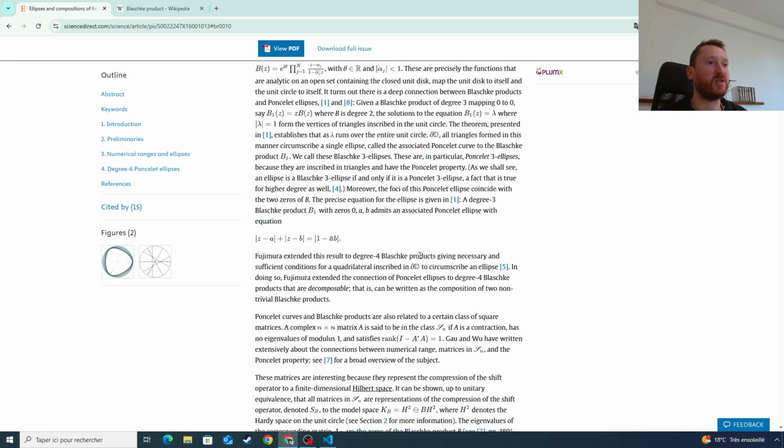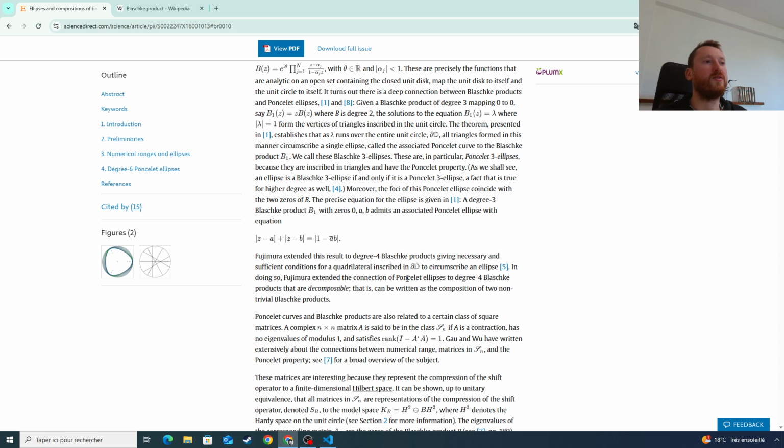And for degree 4 Blaschke products, we also have a necessary and sufficient condition that is the following. A degree 4 Blaschke product is associated to an ellipse if and only if it can be written as the composition of 2 degree 2 Blaschke products. So these are the two important results about Blaschke products of degree 3 and 4.